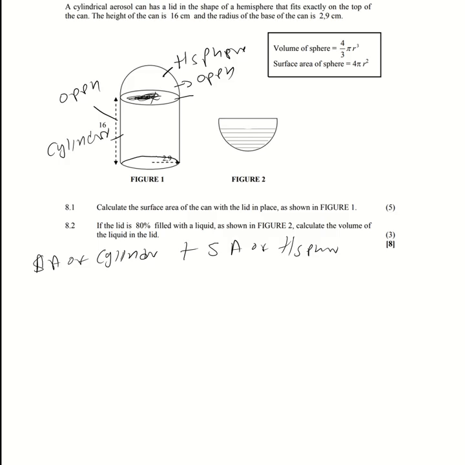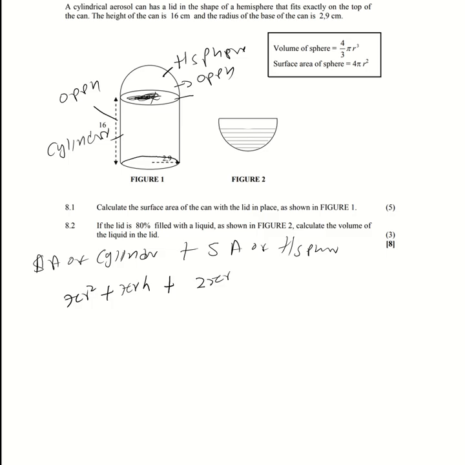Now if the cylinder is open, we just have one circle at the base, plus the circumference part, which is 2 pi r h. That is for the cylinder. For the lid, the hemisphere comes from the surface area of a sphere, which is 4 pi r squared.